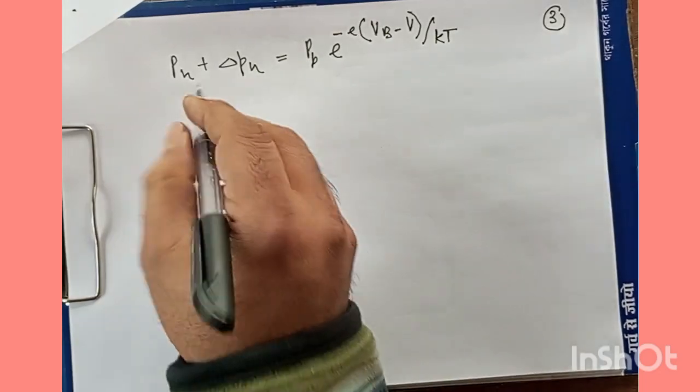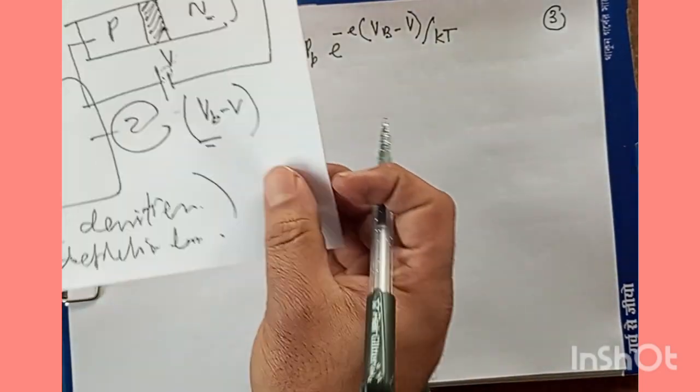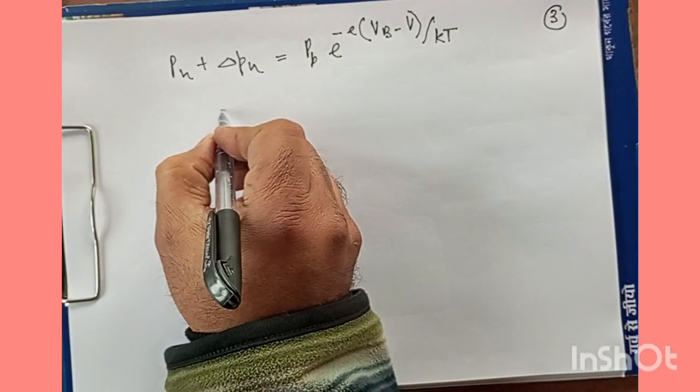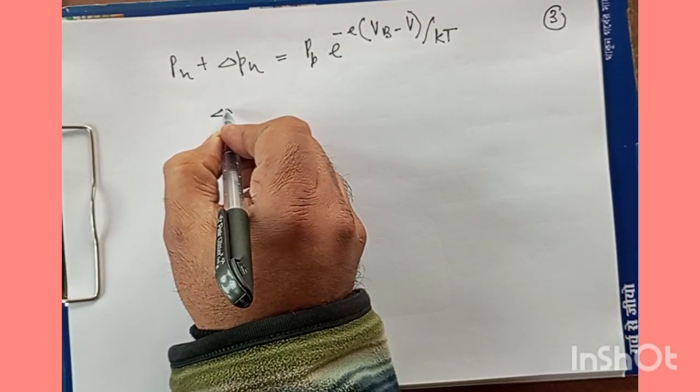And we can substitute for this Pn from the earlier equation. So we can get this delta Pn.